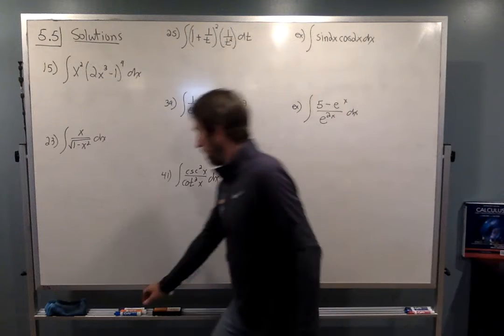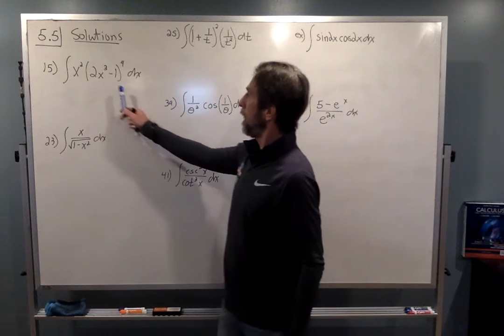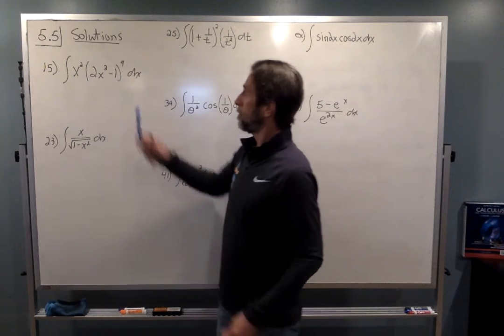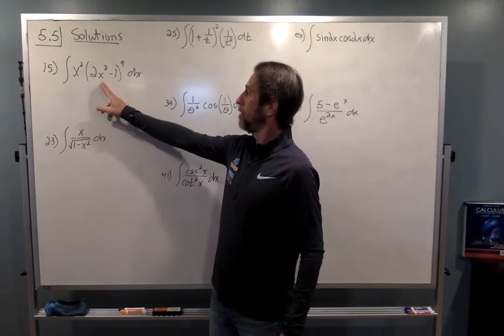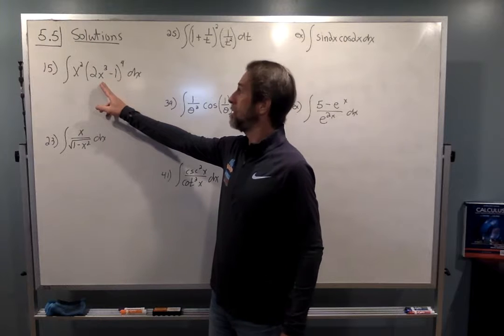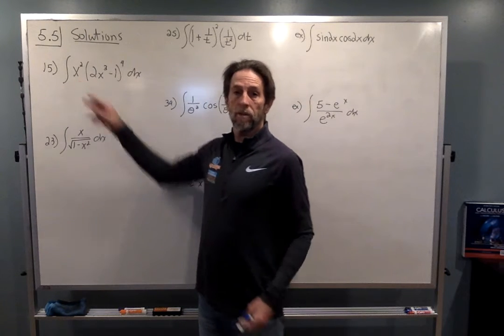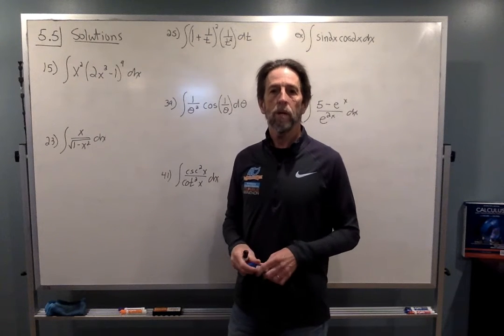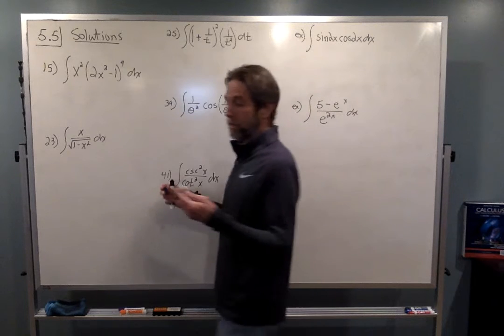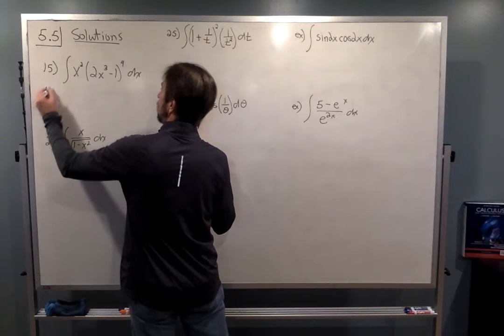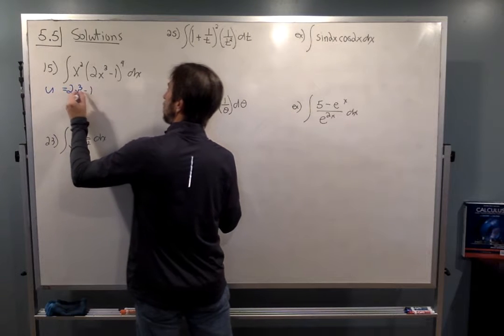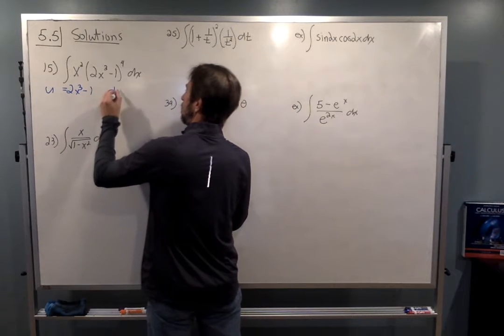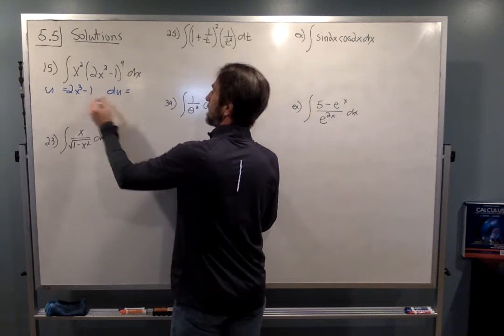Very first one is number 15. We have a composite. We also have a product. We have it raised to a power. What I notice when I see this is that the derivative of what's inside the parentheses is close to what's outside. So that's my clue that I'm going to let u be what's inside the parentheses. So if u equals 2x cubed minus 1, du would be 6x squared.